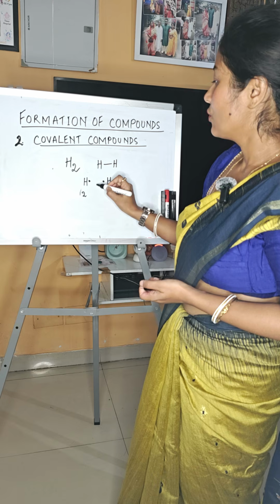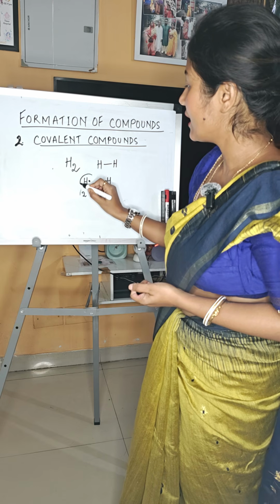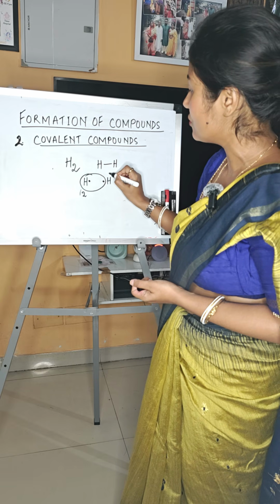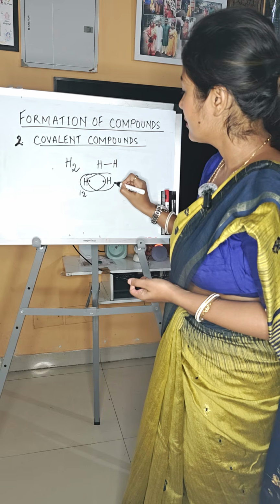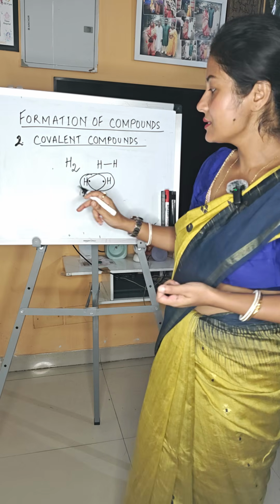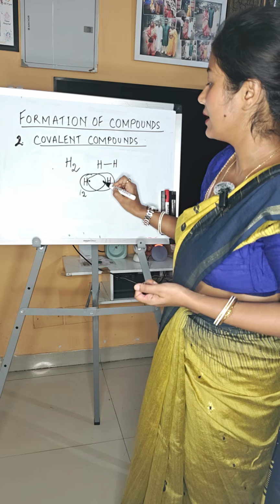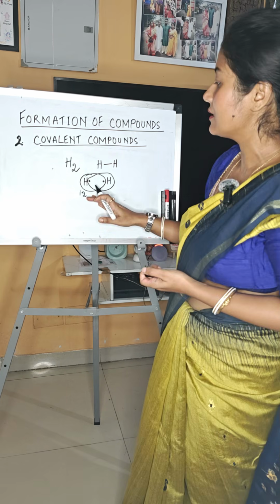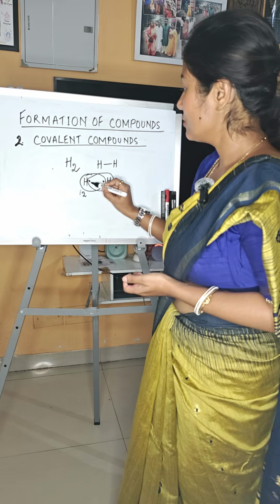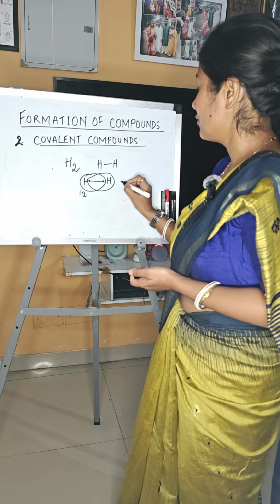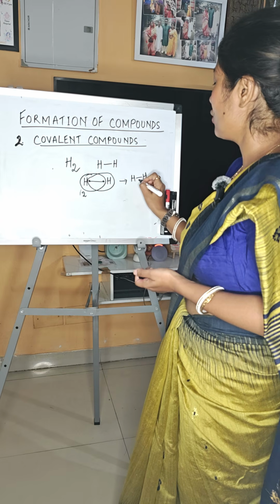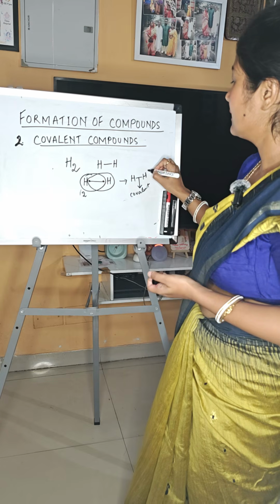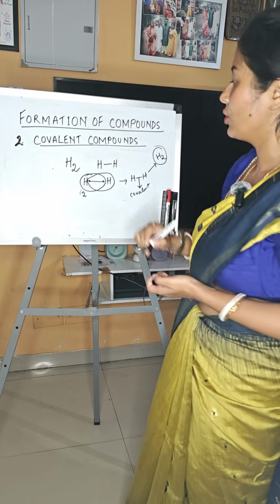So, in this case, this hydrogen will share the electron of the other hydrogen, and similarly the other hydrogen will also share the electron of this hydrogen. As a result, this hydrogen now has 2 electrons and the other hydrogen also has 2 electrons. So both are stable now, both have attained the noble gas configuration of helium. So this is the covalent bond that is formed between them. This bond that is formed by the sharing of electrons between two atoms is called the covalent bond, and the molecule is called a covalent molecule.